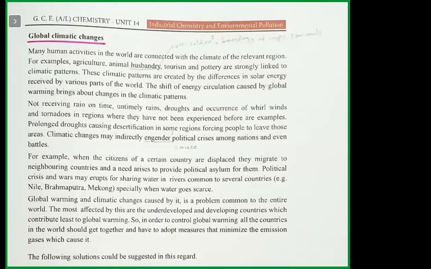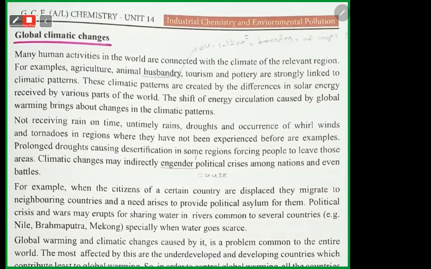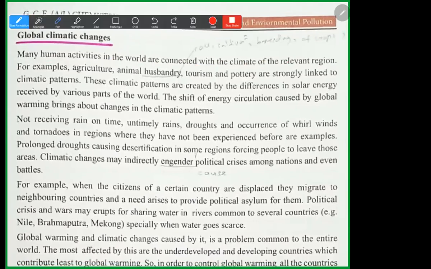Global climatic changes. Many human activities in the world are connected with the climate of the relevant region. For example, agriculture, animal husbandry, tourism, and pottery are strongly linked to climatic patterns. These climatic patterns are created by the differences in solar energy received by various parts of the world.